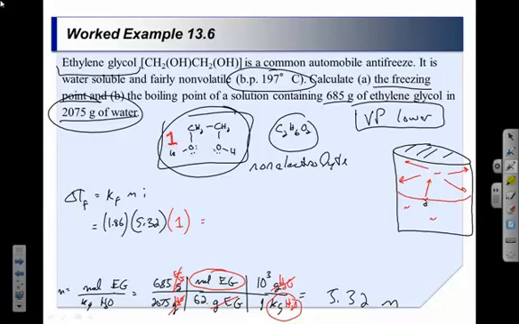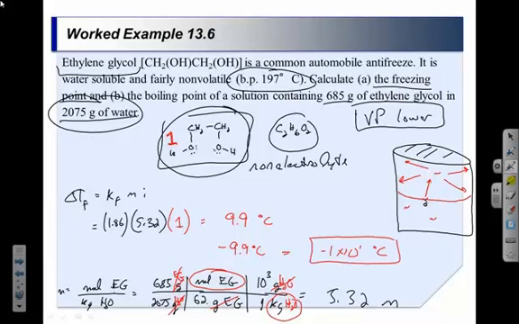And so when I multiply that, I get a freezing point depression of 9.9 degrees. The normal freezing point for water is 0, so this would have to get down to negative 9.9 in order to freeze, which really should be negative 1 times 10 to the first because I only have 1 sig fig. So that would be the new freezing point.